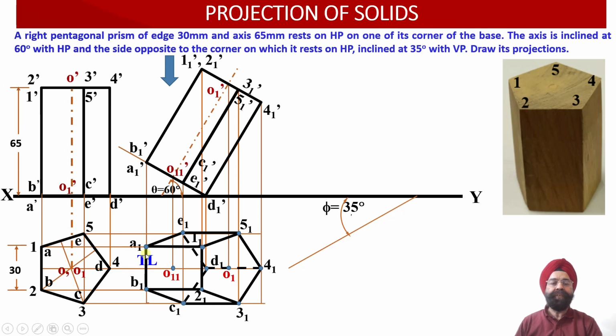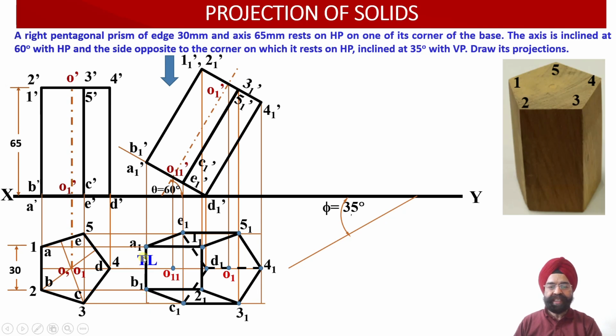We can transfer the top view orthographic projections of this inclined pentagonal prism by using the principle of rectilinear distances. We can see that the entire projection of the inclined prism has been inscribed into a rectangular construction, which encloses the total top view projection.